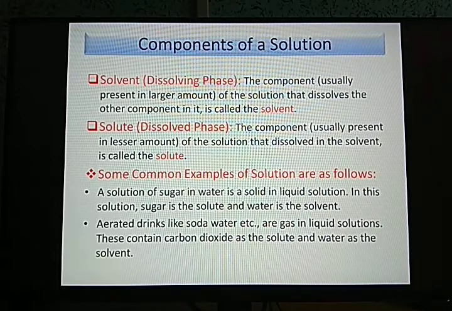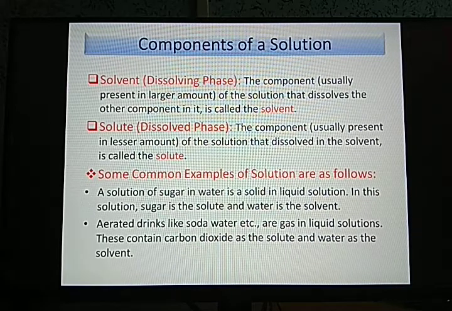The drinks that contain some kind of gas in them, say for example the cold drinks that we take, or soda water. In soda water most of the thing is carbon dioxide mixed with water, nothing else. It is carbonated water, that's why it is written carbonated water.